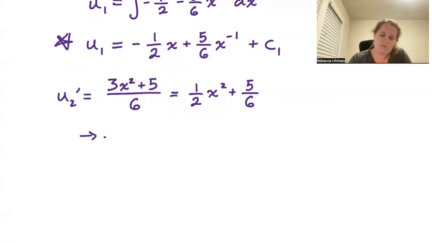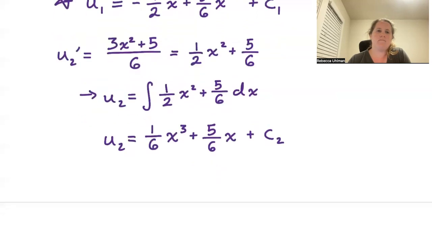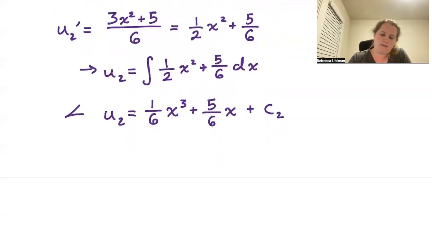So we have that u2 is the integral of 1/2 x squared plus 5/6 dx. And therefore we get u2 is 1/6 x cubed plus 5/6 x plus c2. So this is our u2.